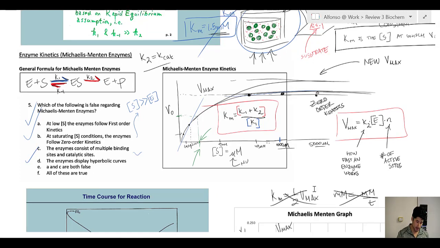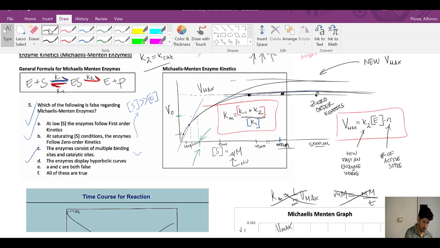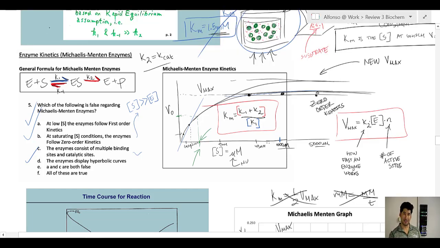And what about C? So I know we said that one was a little questionable, and the reason why I put a little squiggly line next to it is because it could seem wrong just because it doesn't say that they could consist of multiple binding sites and catalytic sites. But let's see, if I change it, and I'm not changing it because it's more convenient for me. I'm changing it because that's really what I meant.